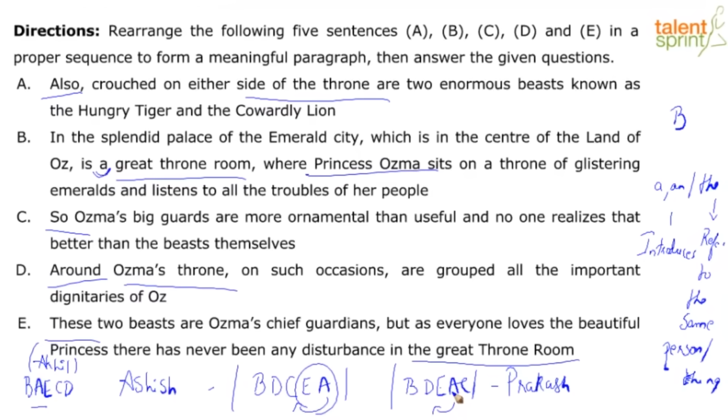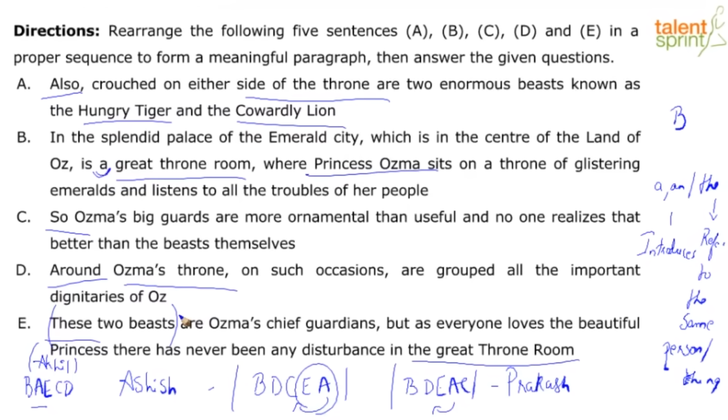Why is that? Let's look at it, right? Because also crouched on either side of the throne are two enormous beasts known as. So the beasts are introduced in A. Hungry Tiger, Cowardly Lion. These two beasts, that's another clue phrase, which means E has to follow A, right?